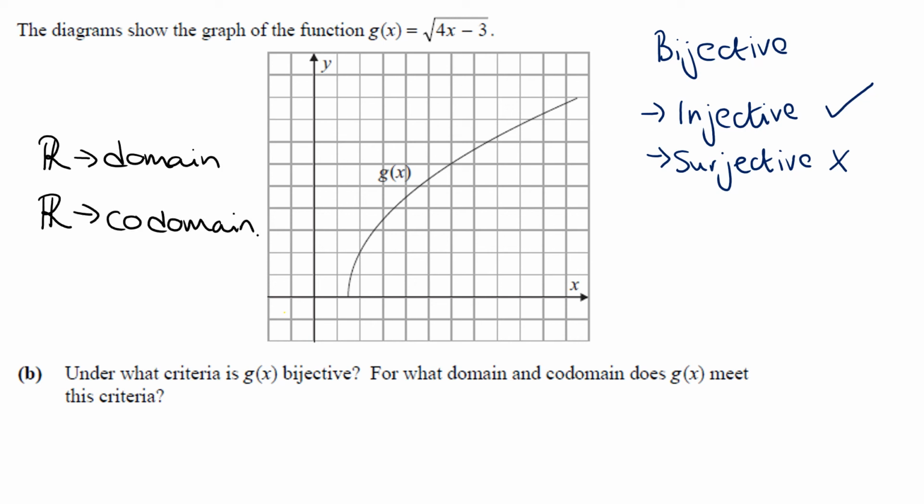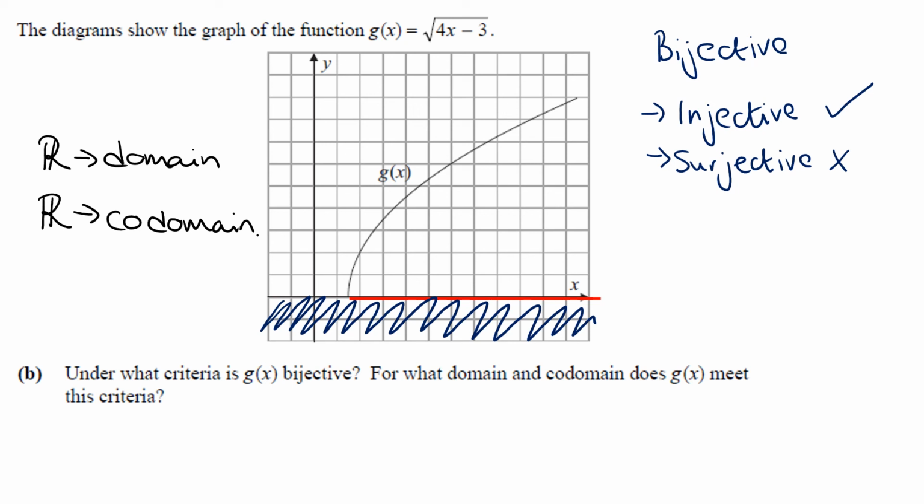So how do we fix the problem with surjective then? Well, if we limit this graph and specifically limit the codomain to only including those values of y we use, so get rid of all of these down here, well, then it'd be fine, because now we are only using the y values which can be used.